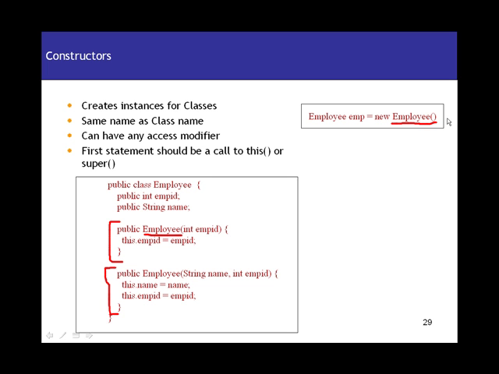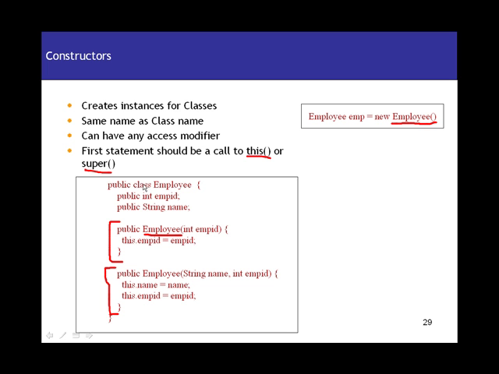One more thing about constructors is the compiler even puts one more statement inside your constructor. The very first statement in your constructor is either a call to this or super, right?